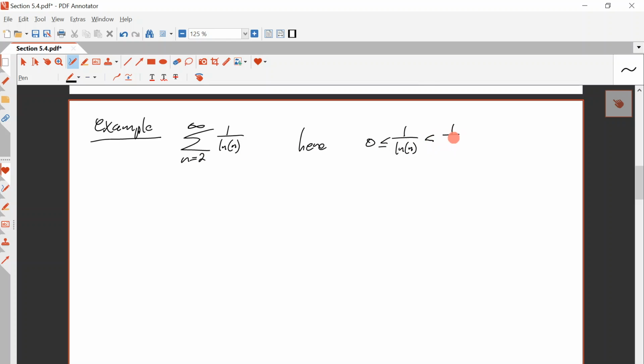But that's less than 1 over n. Right? The natural log of n, that's your typical slow-growing function. It's a function that looks like this. Here's the point 0, 1, and over here is e, which is 2.7 something, and at e we're all the way at 1, but yet the line y equals x is over here.